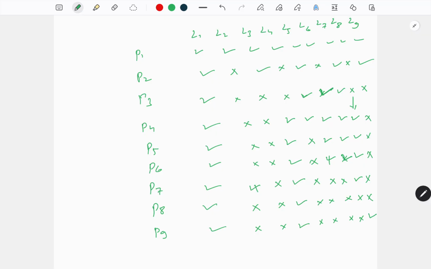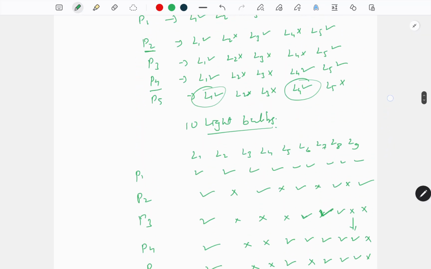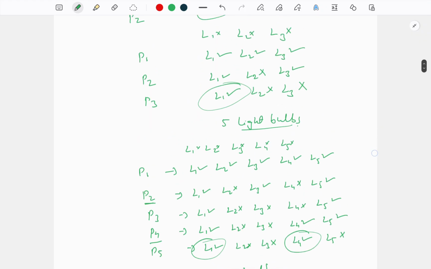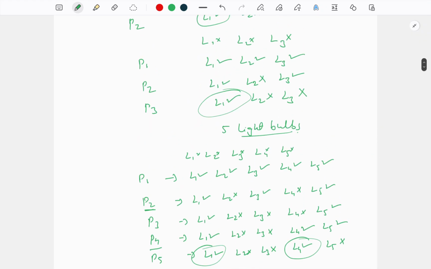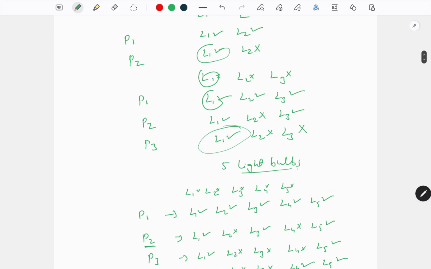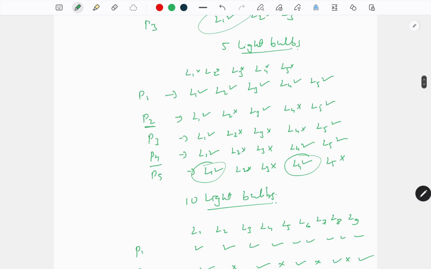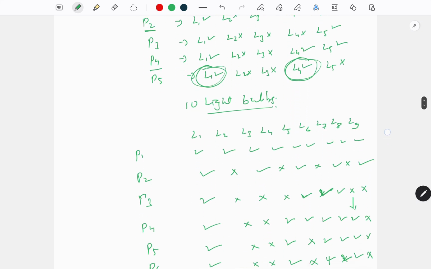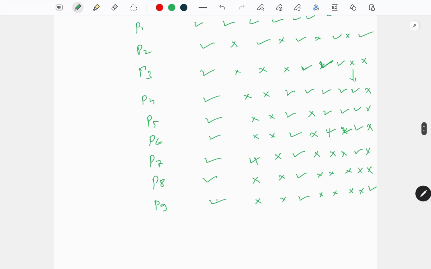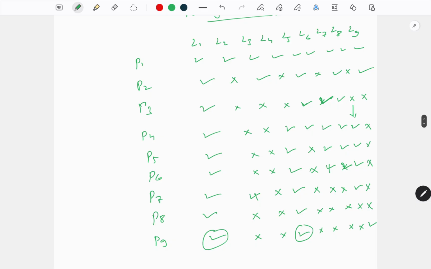Now you can observe some pattern. When there were 1, 2 and 3 bulbs, only L1 was turned on. When there were 5 light bulbs, L1 and L4 were turned on. When there are 9 light bulbs, L1, L4 and L9 are turned on.